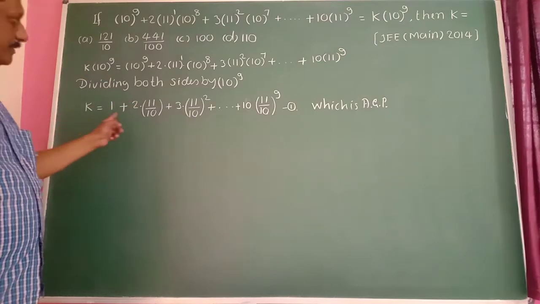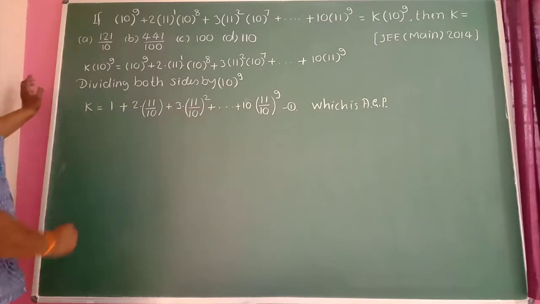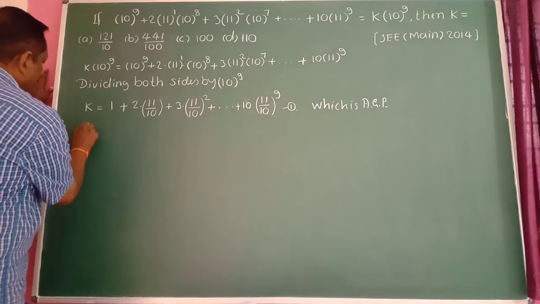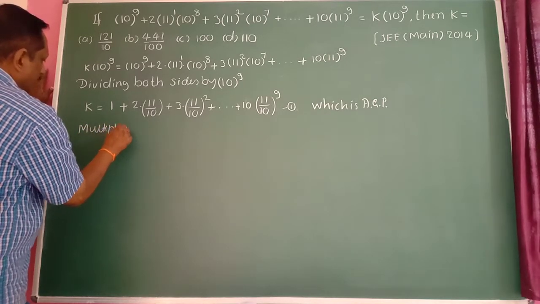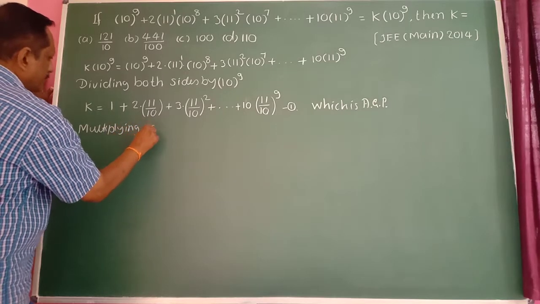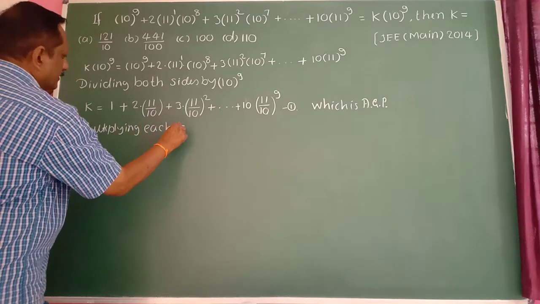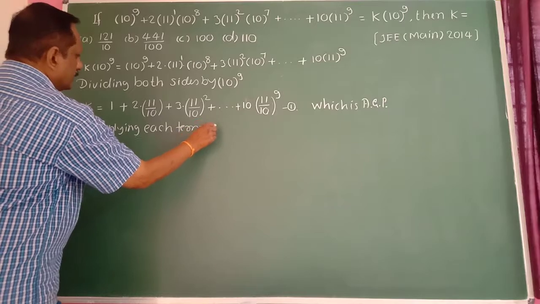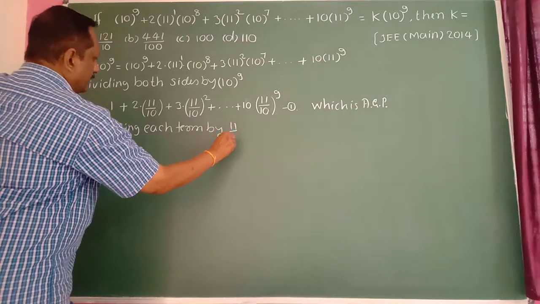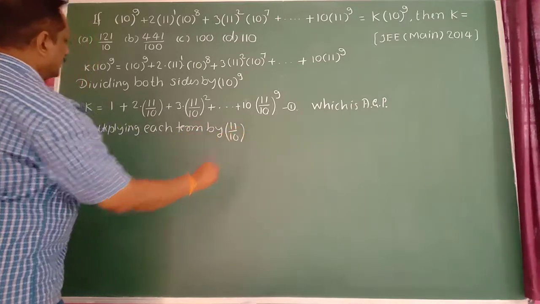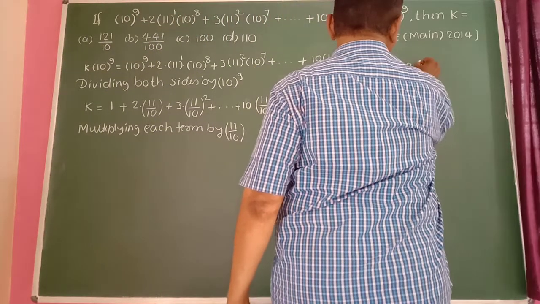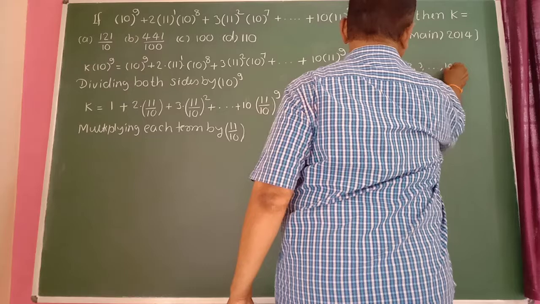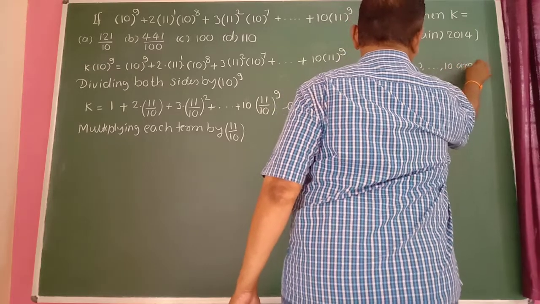Therefore, multiplying each term by 11 upon 10, because here 1, 2, 3 up to 10 are in AP.